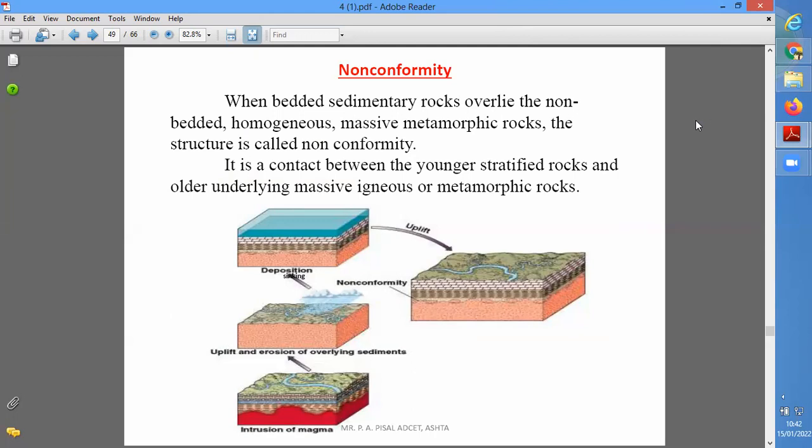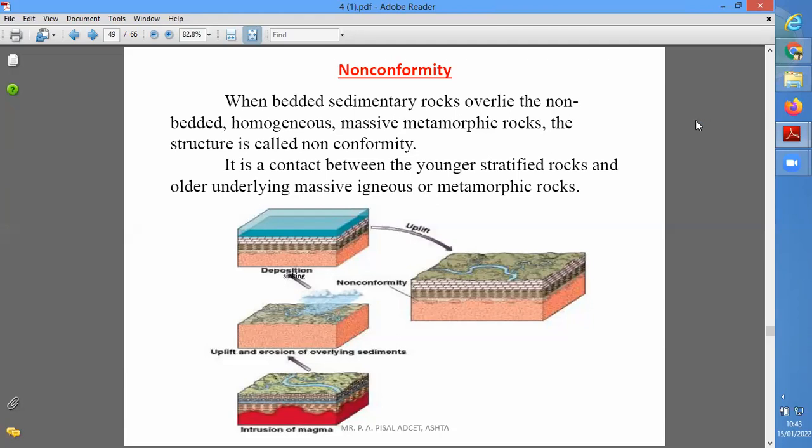Layered rocks were present. Different layers are formed in the older series and in the younger series also. But here in the non-conformity, the older rocks, means the rocks which are present below the unconformity, are non-layered rocks. Now which are non-layered rocks? Generally the igneous rocks are considered as non-layered rocks, means homogeneous, like granite. Granite doesn't show the layers.